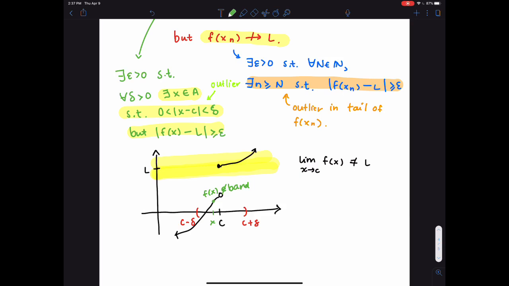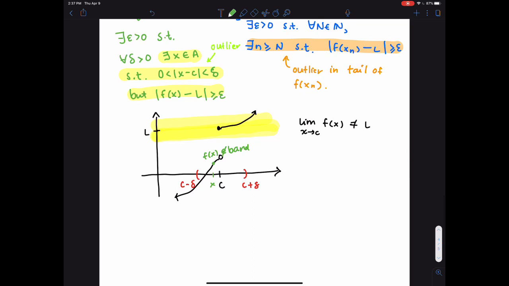So I want to be clever about how I construct xn such that xn is going to get closer and closer to c, and every f of xn is an outlier.